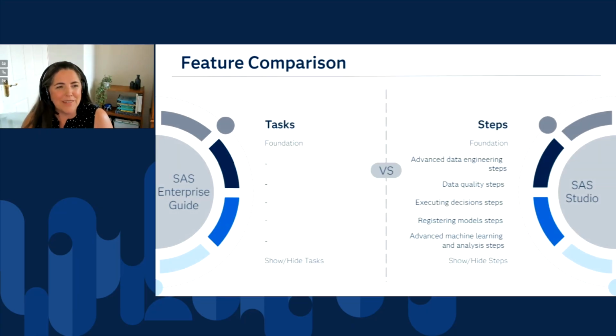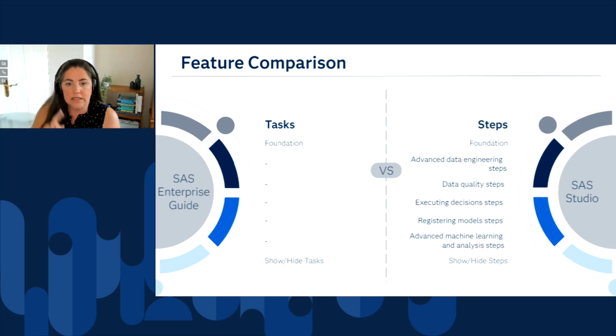So building on that low code, no code capabilities that we were talking about before, both tools offer plenty of out-of-the-box steps or tasks to help you prepare your data, run your analyses, and create reports. Now, SAS Studio expands on this with the SAS Viya advanced capabilities.